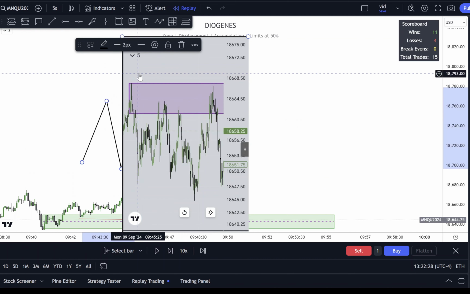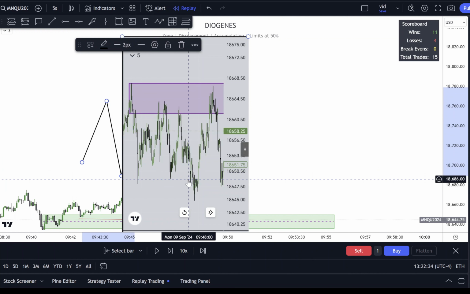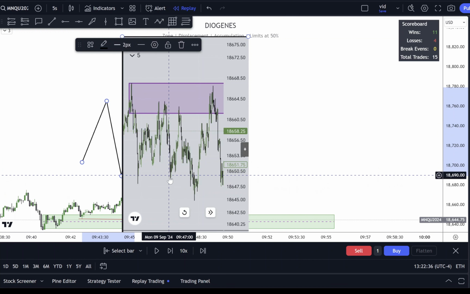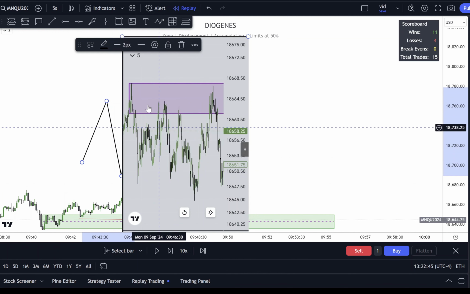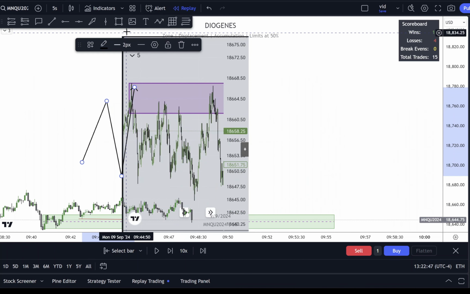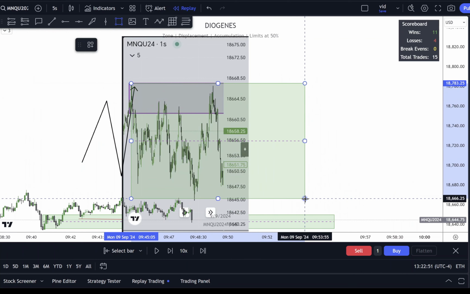Price went, never closed under this zone in here, so they just wicked here. But now we closed. So this was now my new bearish zone, this whole thing.